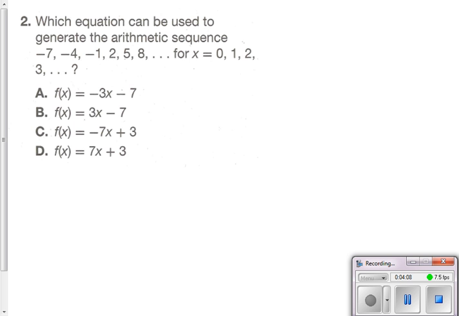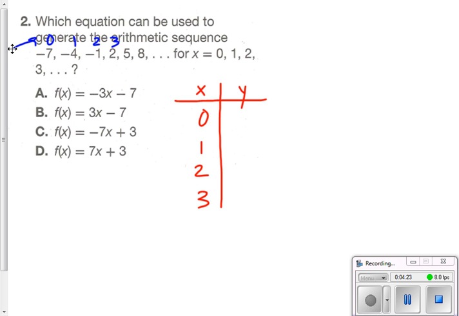Problem 2: which equation can be used to generate the arithmetic sequence given? Then they tell you the values for x. What I would do is set up a table for this. So I would use 0, 1, 2, and 3 as mentioned for x, and then I put these little headers up here saying that this is going to be term 0, term 1, term 2, and 3 here.